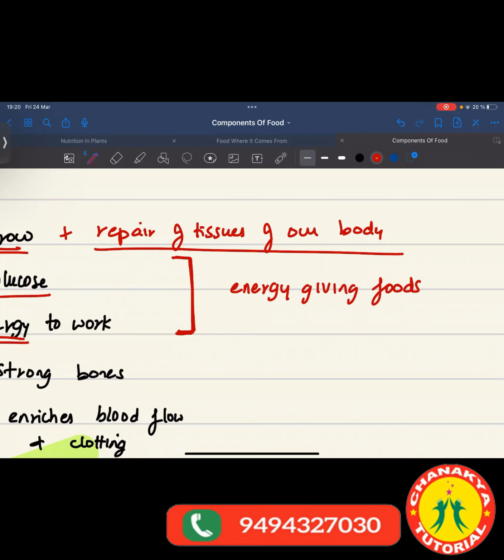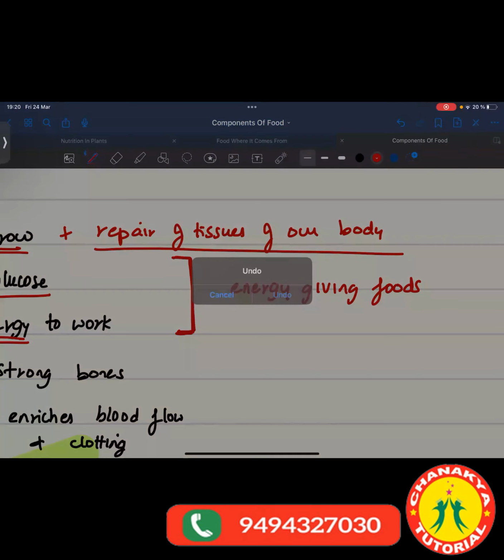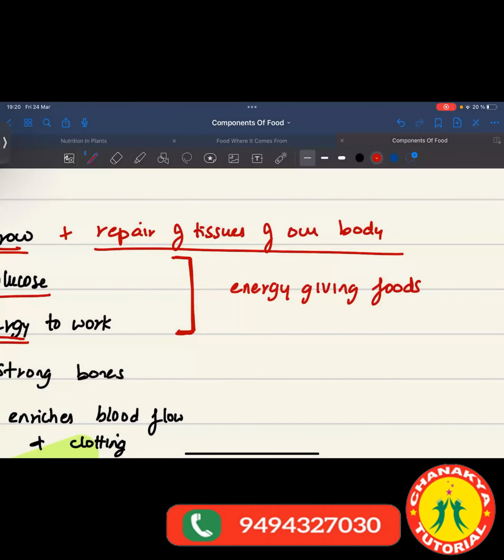Basically, you fall down and hurt yourself. If you hurt yourself 5 years ago, will the mark still be there on your body right now? No, ma'am. This is because of tissue repairing, because the broken or torn tissue of your body has repaired itself.